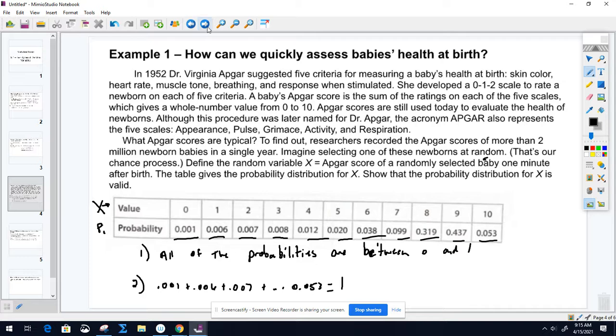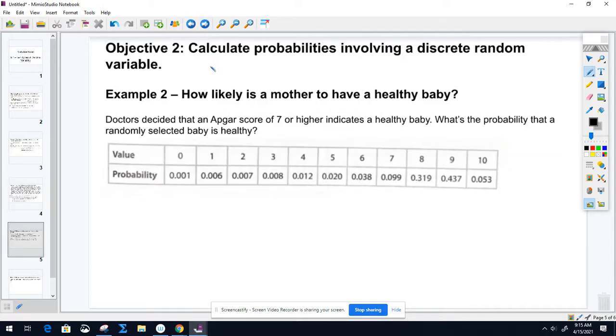Okay, so let's move on to objective 2. Calculate probabilities involving a discrete random variable. How likely is a mother to have a healthy baby? So doctors decided that an APGAR score of 7 or higher indicates a healthy baby. What's the probability that a randomly selected baby is healthy? So randomly selected, we're looking at these 4 values. Okay, so I'm looking at a baby with a score of 7 or higher, which includes the 7.